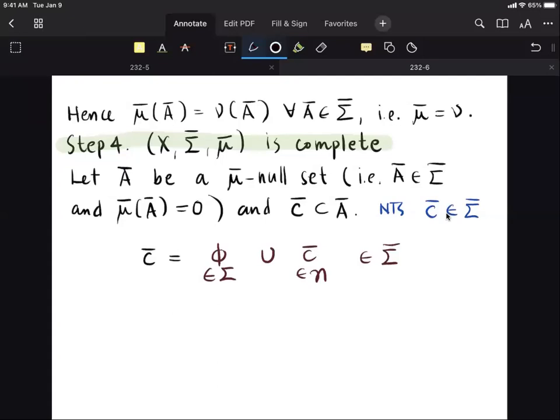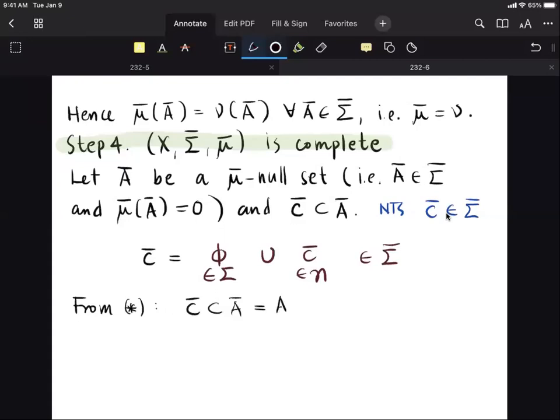Okay, to see that C bar is in N, from star, take note that C bar is a subset of A bar. Well, this is nothing but the assumption here.